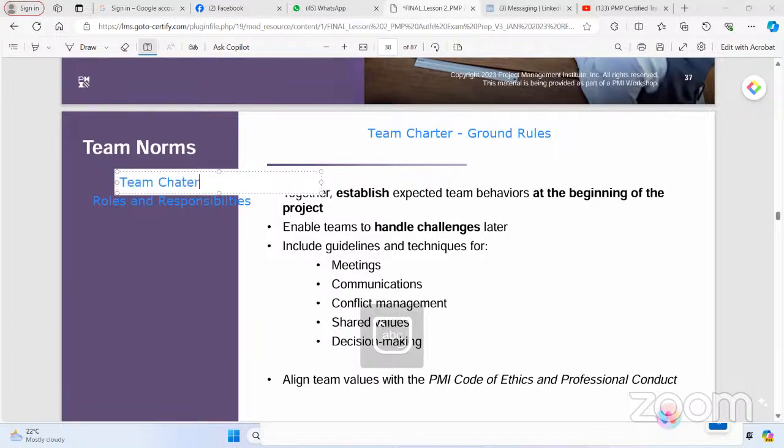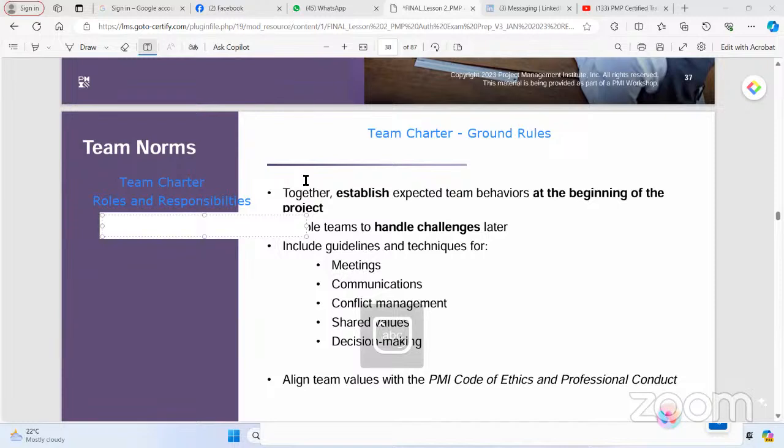The team charter will also have certain team goals, like what is the objective of the project or of this team. This team together has an objective, so what are our team goals? We may have an objective, or we may split that objective into various milestones and goals.